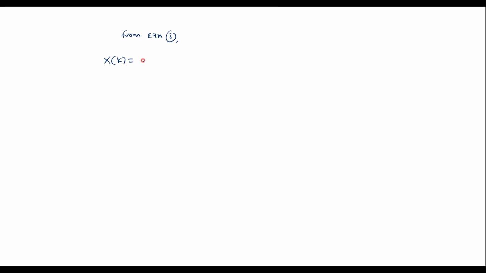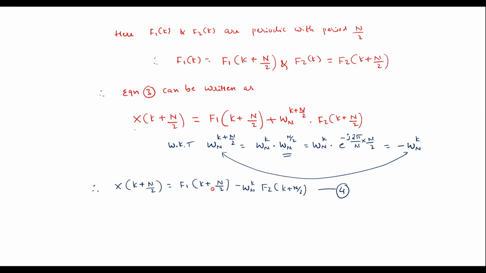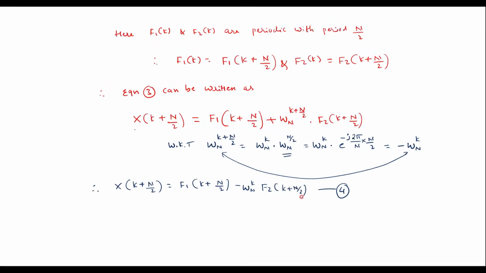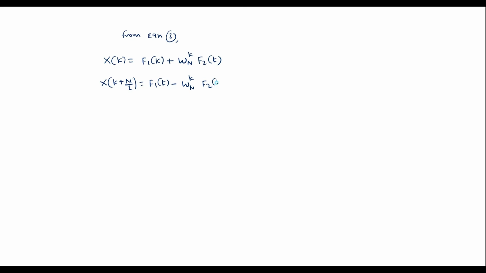Similarly, from equation 4, X of k plus N by 2 is equal to F1 of k plus N by 2, which is nothing but F1 of k only because of periodicity, minus W_N power k times F2 of k plus N by 2, which is nothing but F2 of k.